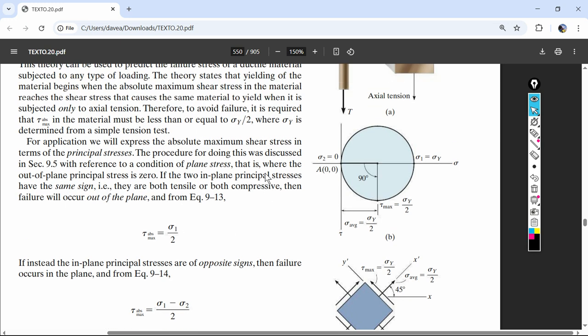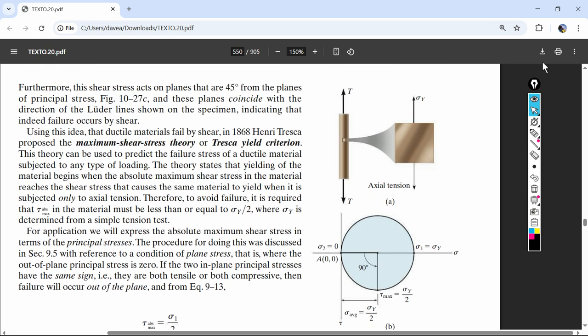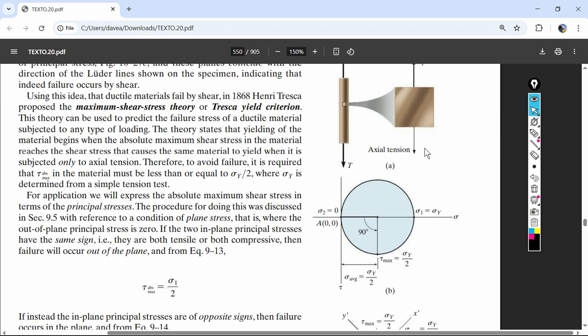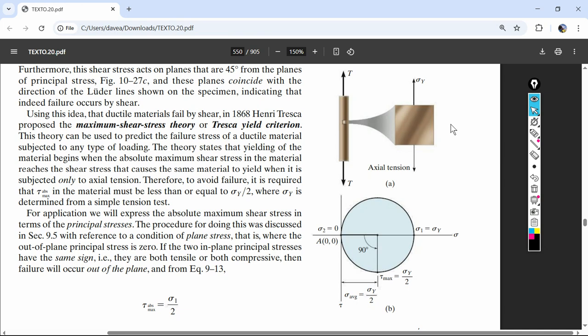So when this is 0, when you just have uniaxial tension, this is 0 and the out of plane is 0. So here's going to be your max. It's just going to be sigma 1 minus sigma 2 divided by 2.